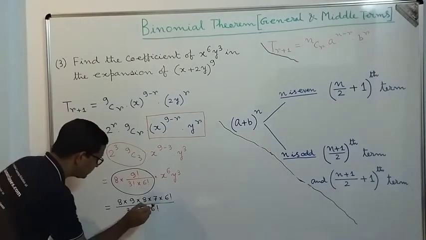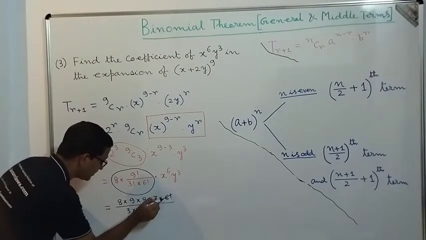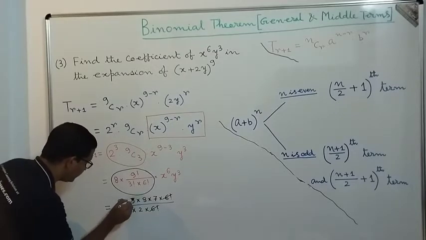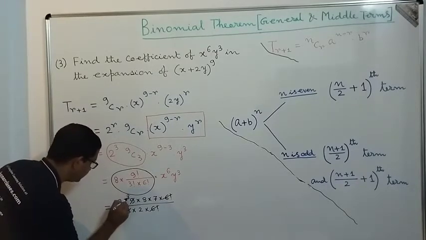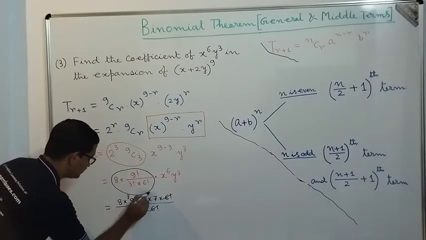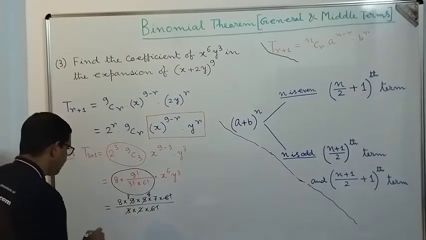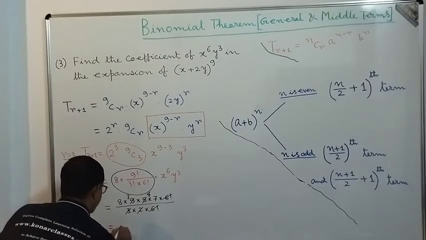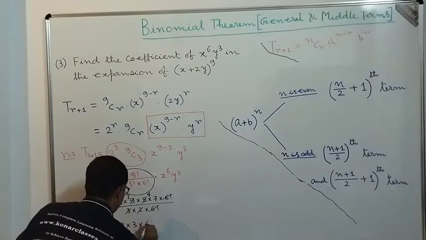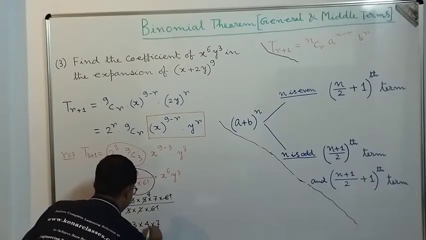The 6 factorial in the denominator and numerator get cancelled. The 3 and 9 cancel, so we get 3. The 2 and 8 cancel, so we get 4. So we get the value as 8 into 3 into 4 into 7.